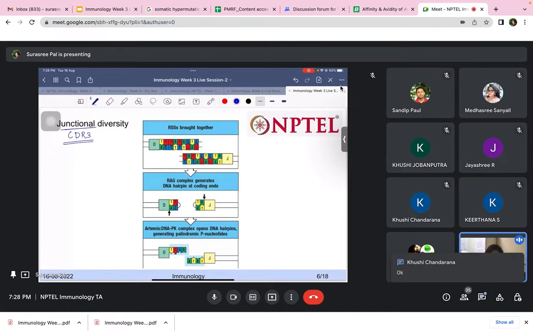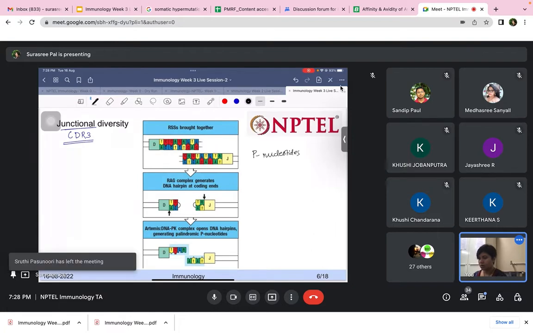Okay, so this junctional diversity is one concept which is actually the random addition of some nucleotides. These are known as P nucleotides and N nucleotides. So what are these P and N nucleotides? P stands for palindrome, and N stands for non-template coded.